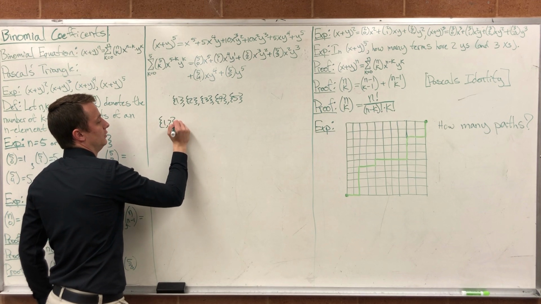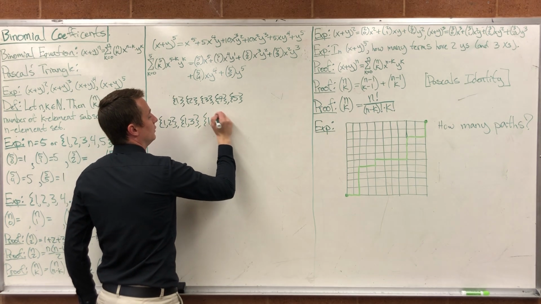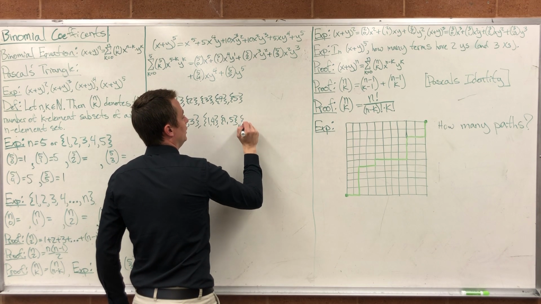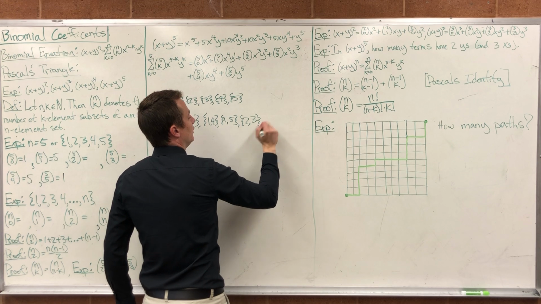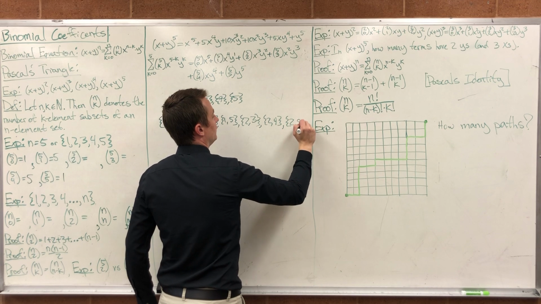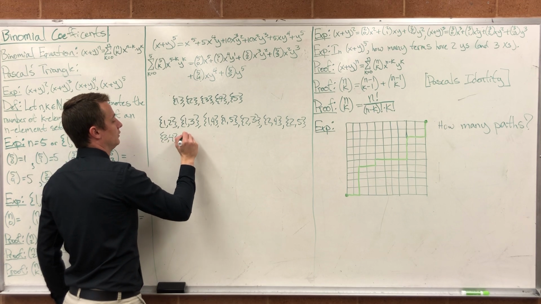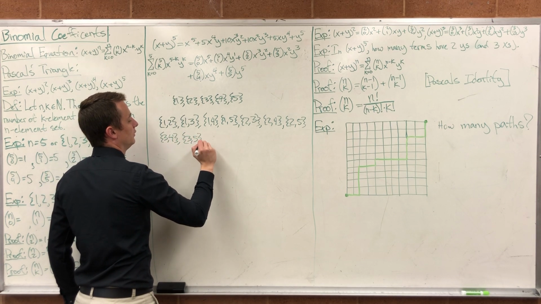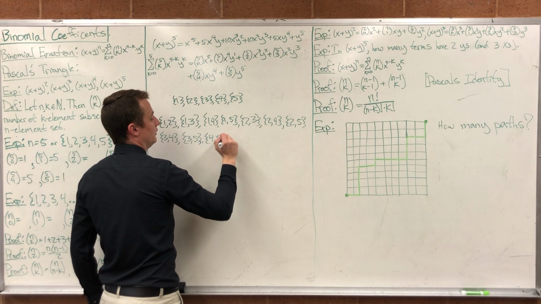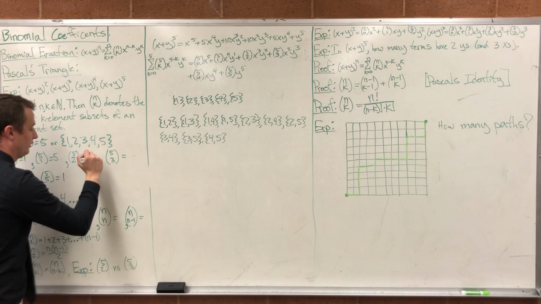I can have 1,2; 1,3; 1,4; 1,5; 2,3; 2,4; 2,5; 3,4; 3,5; 4,5. And we got 1, 2, 3, 4, 5, 6, 7, 8, 9, 10. So there were 10 of those.